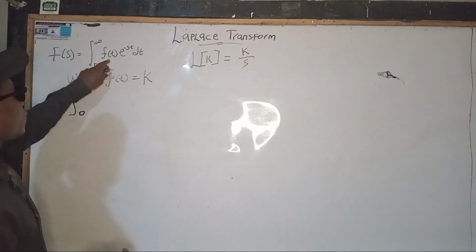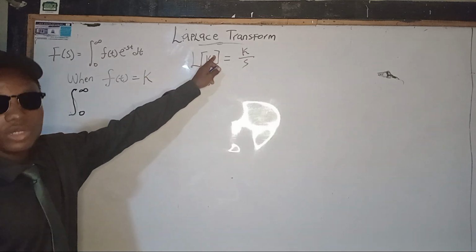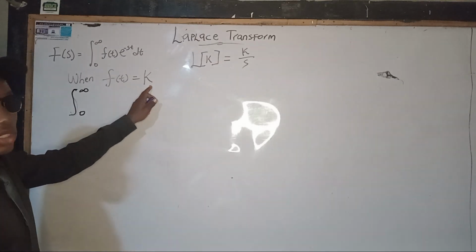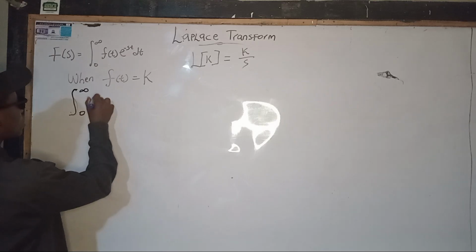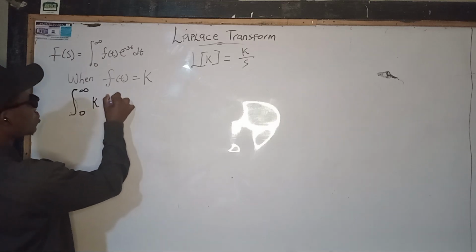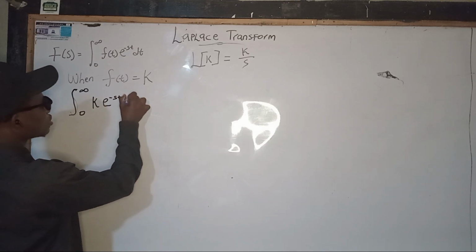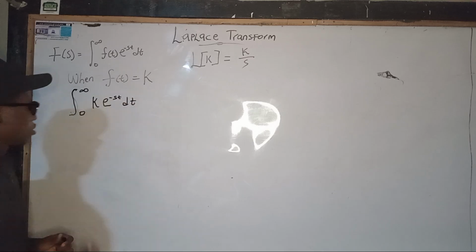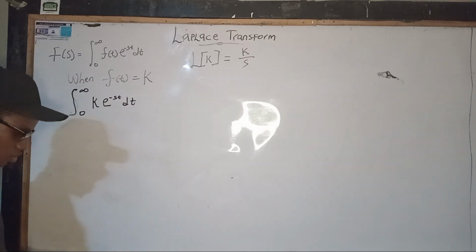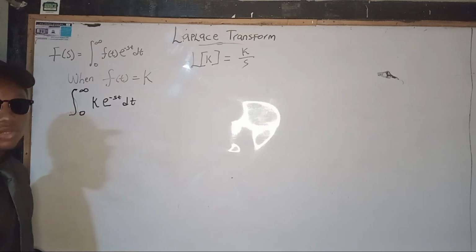Now the function of time here is equal to k. So we just put k times e raised to power minus st dt. After we're done with this, then we continue.